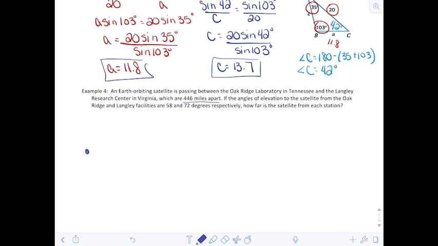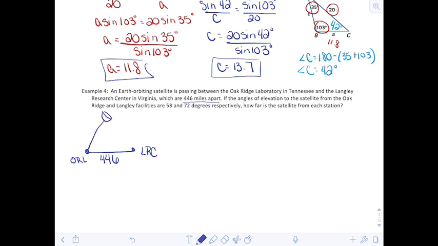So I'm going to draw this Oak Ridge Laboratory location and the Langley Research Center, which the distance there is 446. Okay, so 446 is my distance, and then there's a satellite up here.